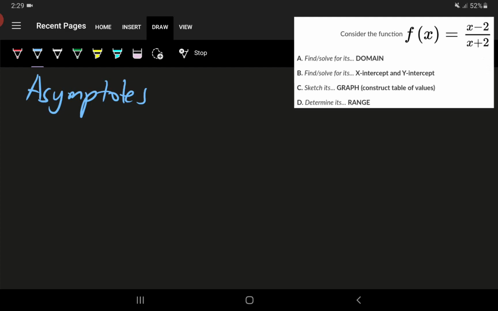Okay? So actually in a graph, we have different set of asymptotes. So this time pag-usapan natin yung dalawa.